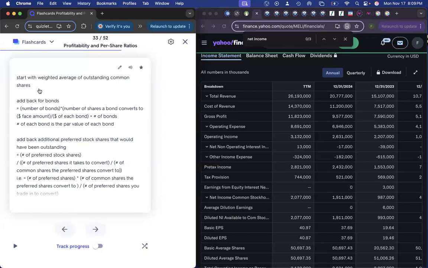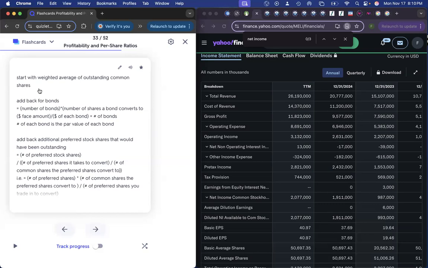Let's say, going back to the bonds, there's 10,000 bonds. And the number of shares a bond converts to, I don't think I wrote that very well, but I'll just move on.